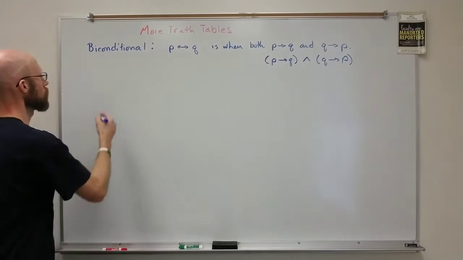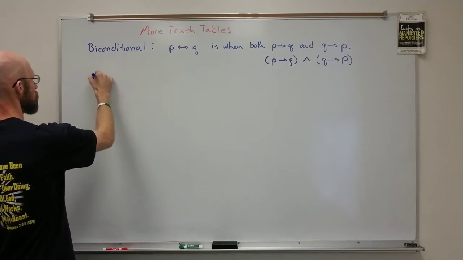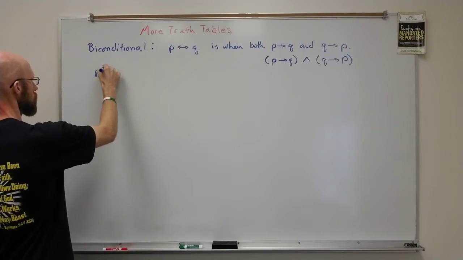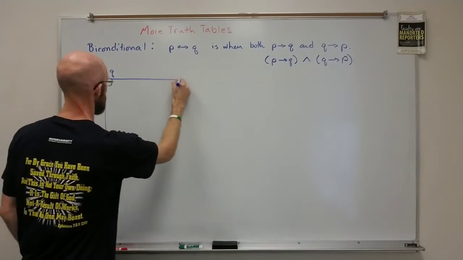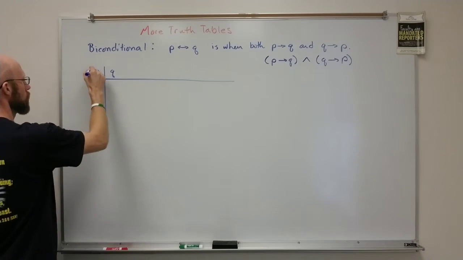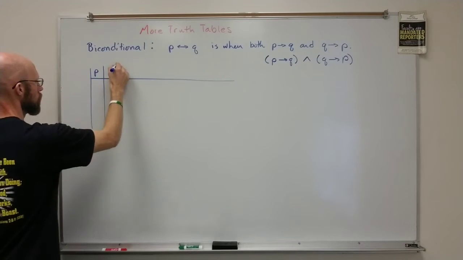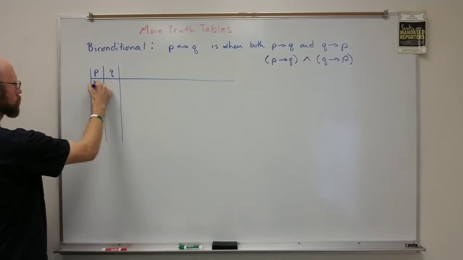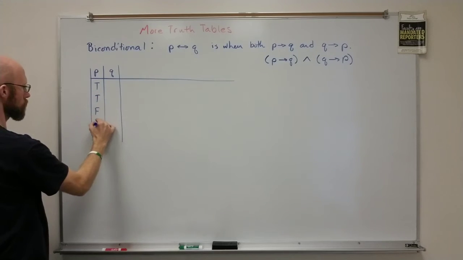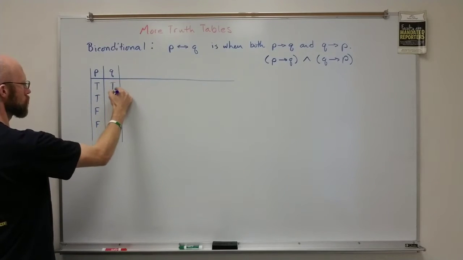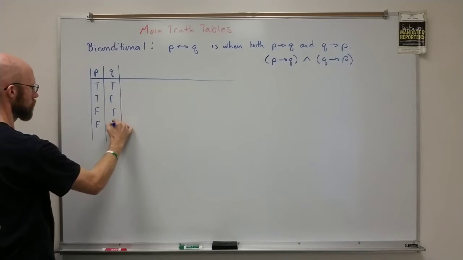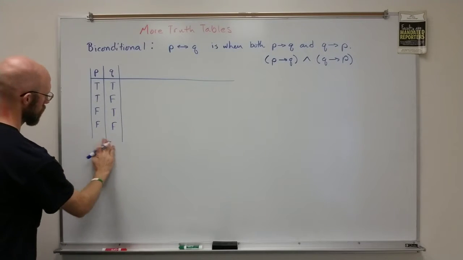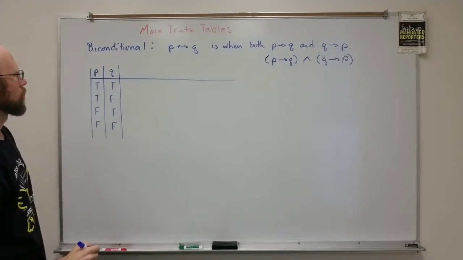So we've got P and Q to start off, and it doesn't matter if there's a line between them. P is true, true, false, false. Q is true, false, true, false. All right, and so now what do I need?